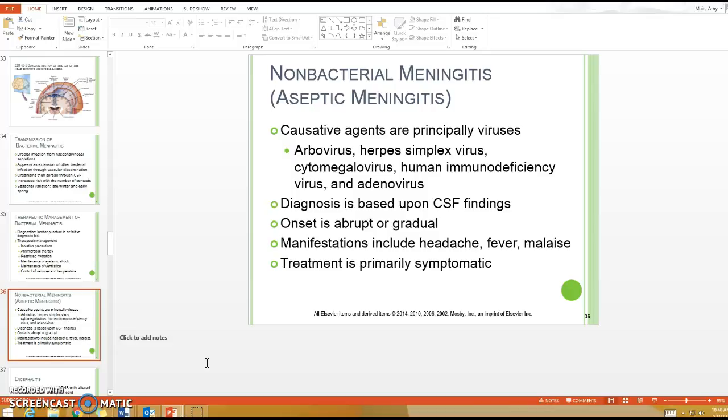The onset is either abrupt or gradual in a non-bacterial meningitis. And in a bacterial, it is abrupt. Manifestations are going to include your headache, fever, malaise. In these patients, the treatment is primarily symptomatic. There is not as big of a risk of that systemic infection occurring or respiratory arrest.